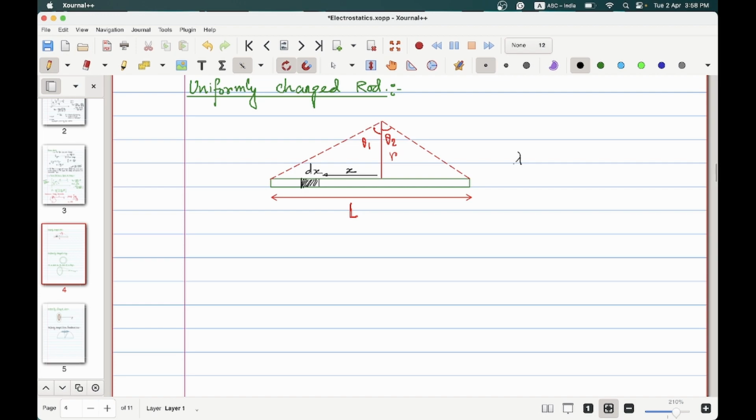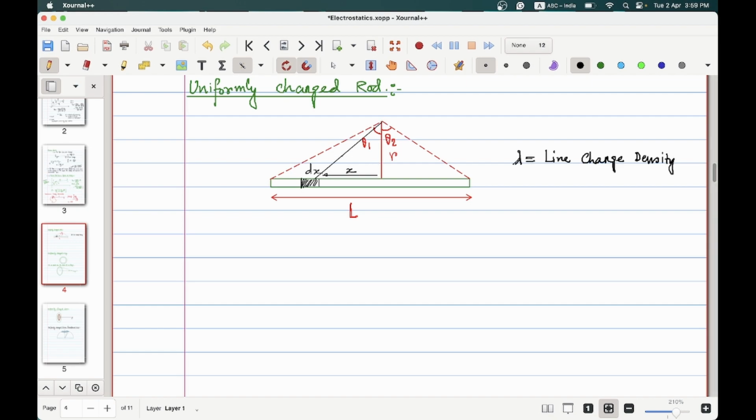Now let us consider lambda equals the line charge density. We'll discuss charge density in electrostatics 2. Lambda equals line charge density, and this is x.